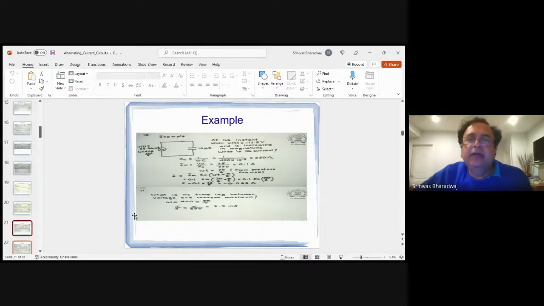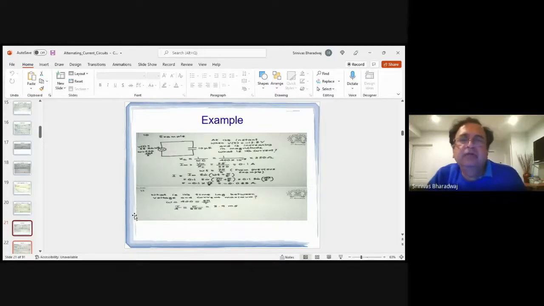At the instant when v of t is minus 12.5 and is increasing in magnitude, what is the current? If v of t is increasing in magnitude from a negative number, then it is becoming more negative, right? So the current will be negative, right? So what is the value of the current? What is the Xc? Xc is 1 by omega c.